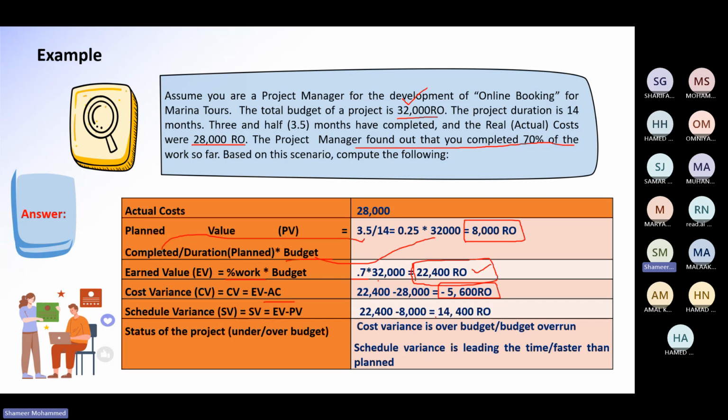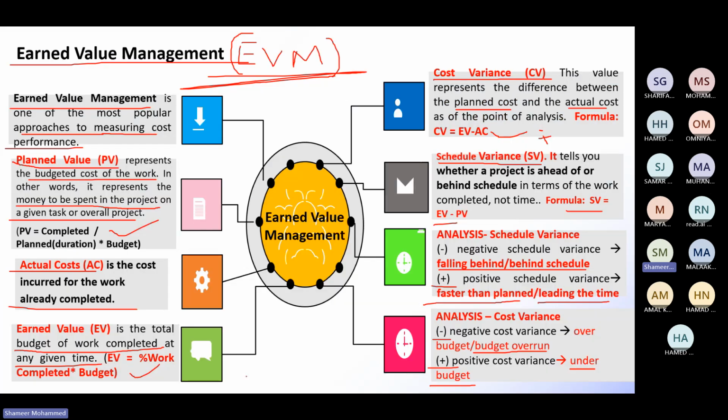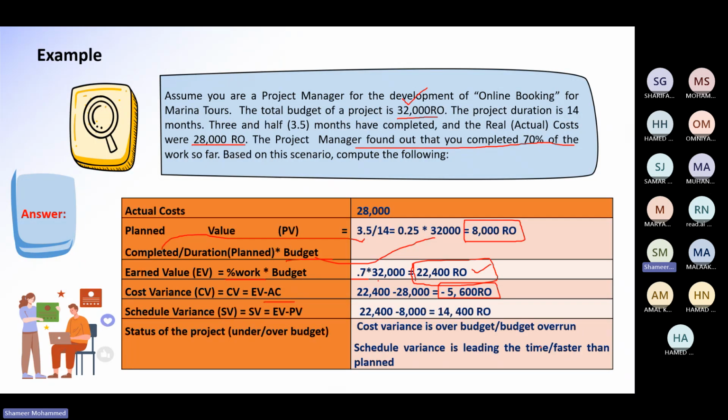What is the meaning of minus here? See here, cost variance. If it is minus, that means you are over budget. Yani you are spending more money on the project. That you have to write here. Cost variance is over budget.